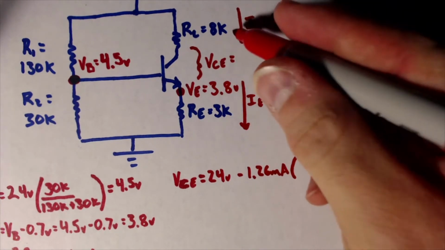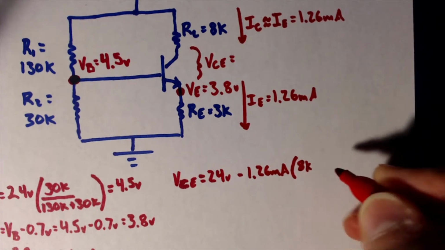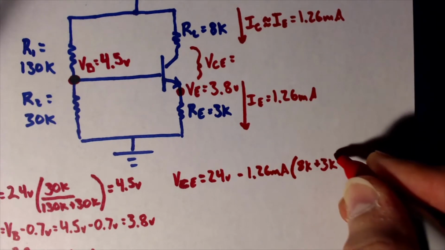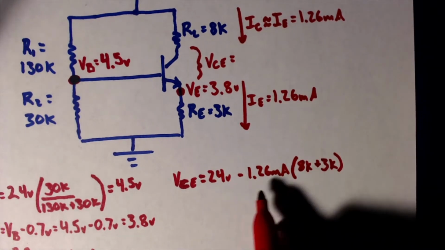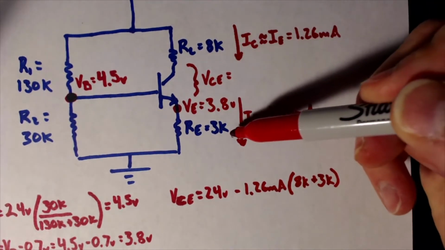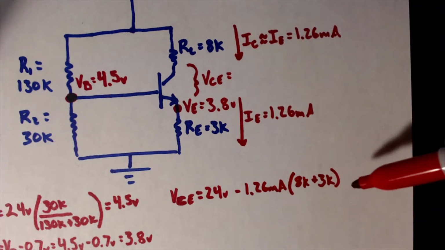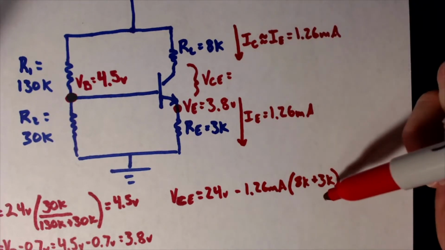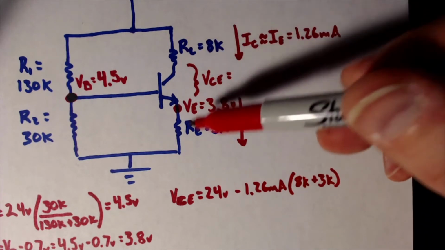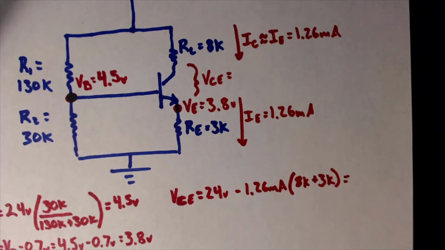I'm going to go ahead and just combine both of these resistances here. 8K plus 3K. Okay, so it's just Ohm's law, right? We have both of these resistors, the 8K and the 3K, so the total of 11K times our current that's flowing through it is the voltage drop across both of these. And if we subtract both of those from 24, we should get VCE.